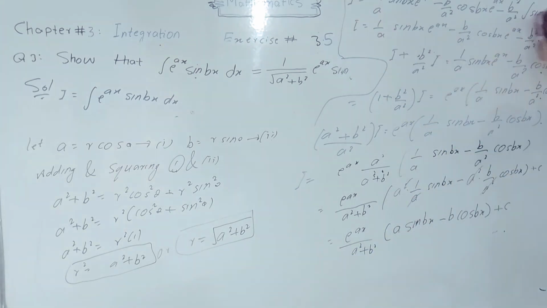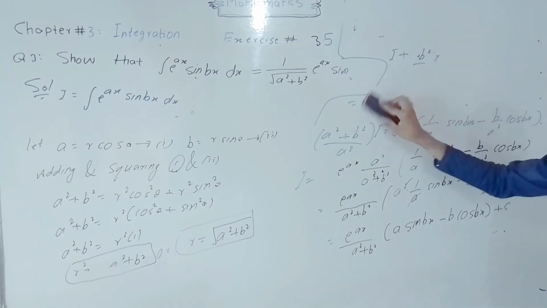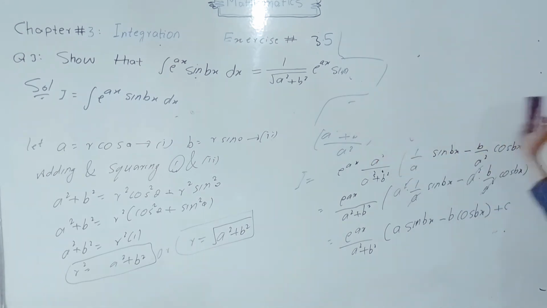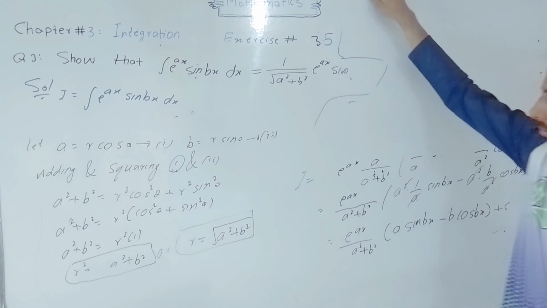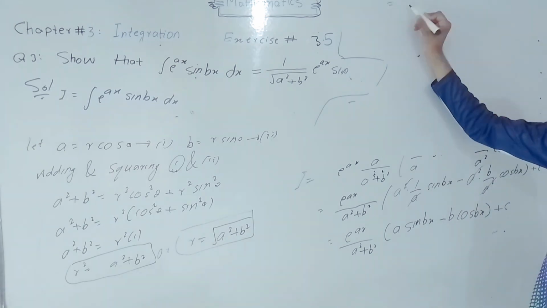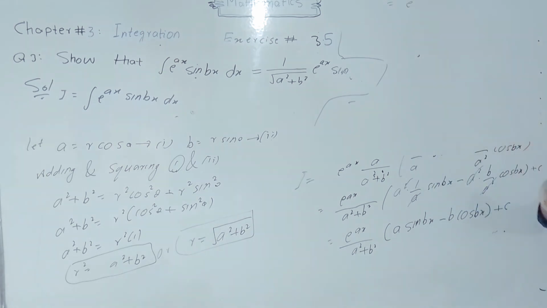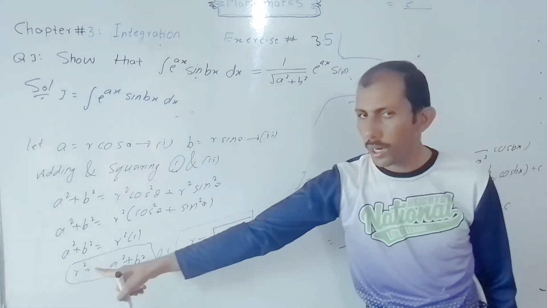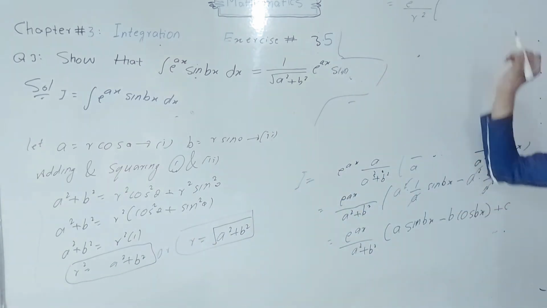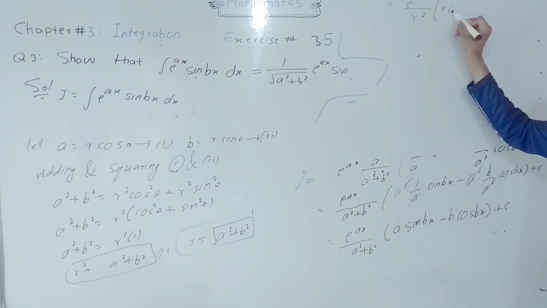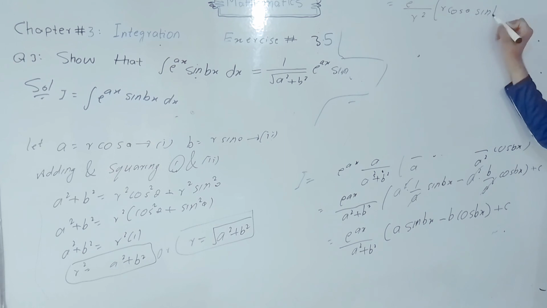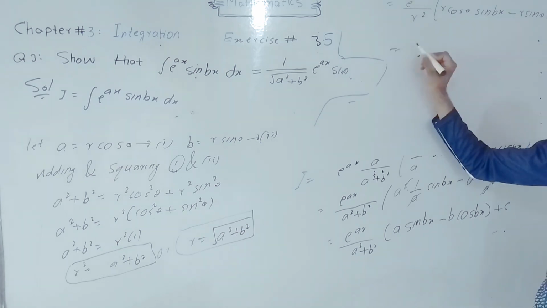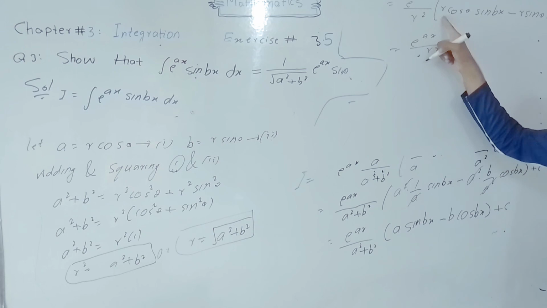Next, is equal to e power ax divided by, so a square plus b square is equal to r square into a is equal to r cos theta sin bx minus b is equal to r sin theta cos bx plus c, which is equal to e power ax divided by r square, taking r common.